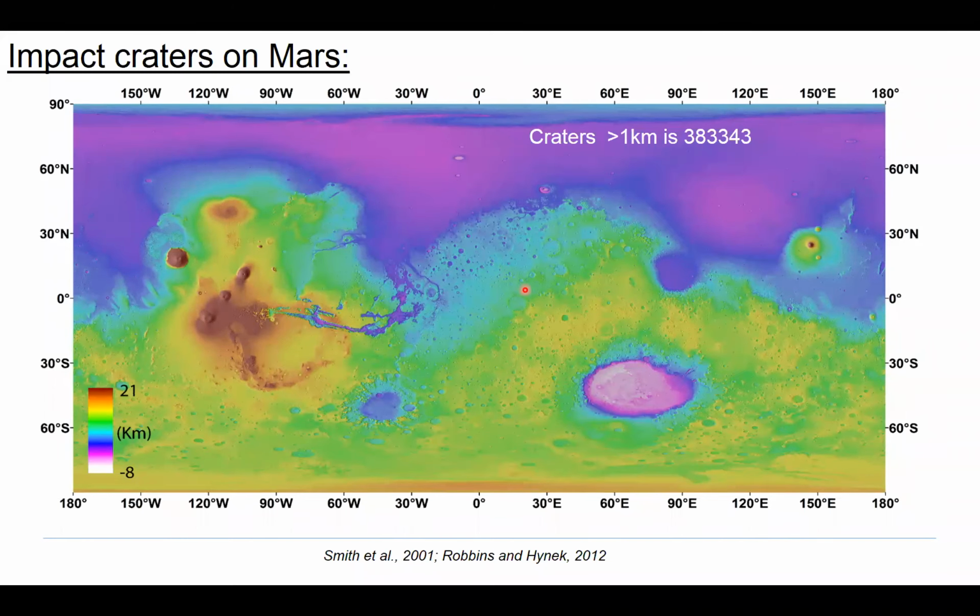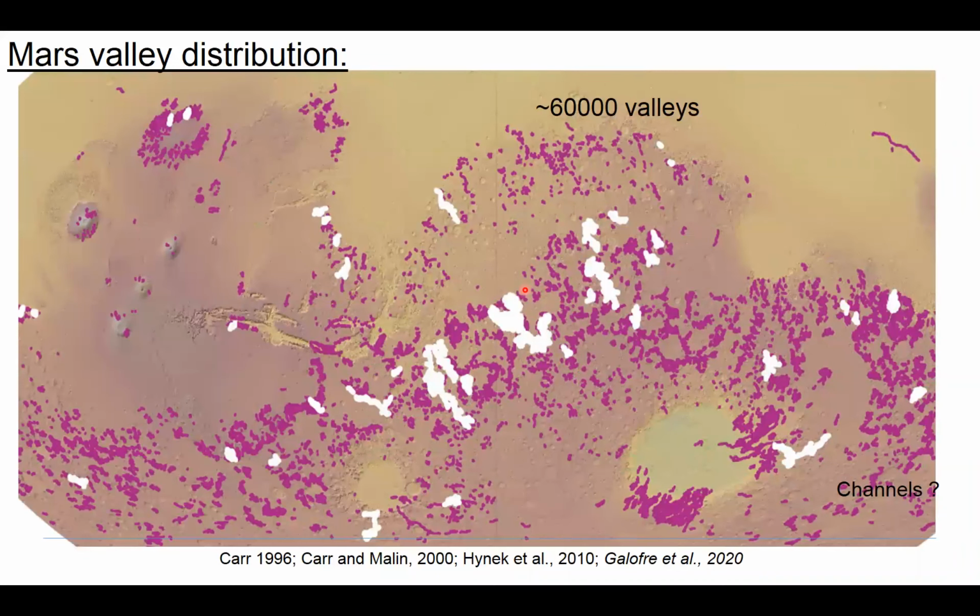If we move to the valley distributions on Mars, there are nearly 60,000 valleys. That means they are widespread. And if you look at the channels on Mars, because these valleys are broader, the channels may be even smaller and numerous.